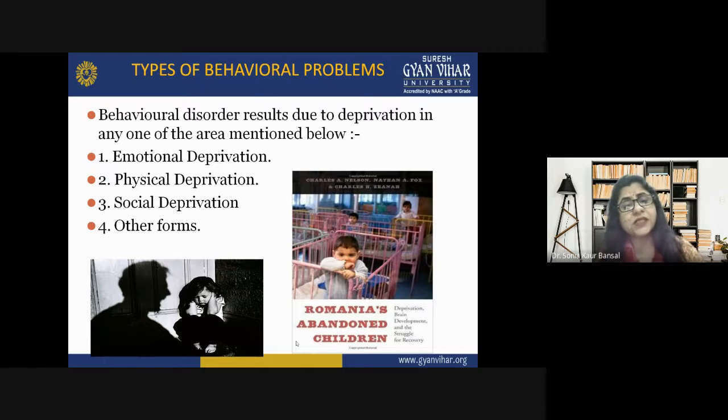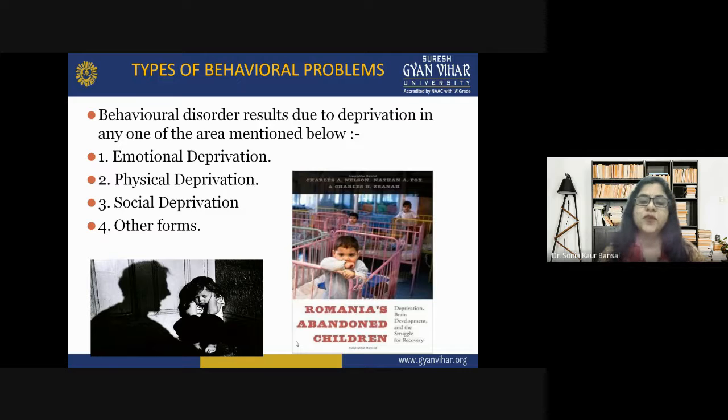As we have discussed earlier, just remember Maslow's needs: if any need is not fulfilled, then a behavioral problem is definitely about to occur. If there is emotional deprivation, physical deprivation, social deprivation, or other forms, the child is going to show some behavioral problems.